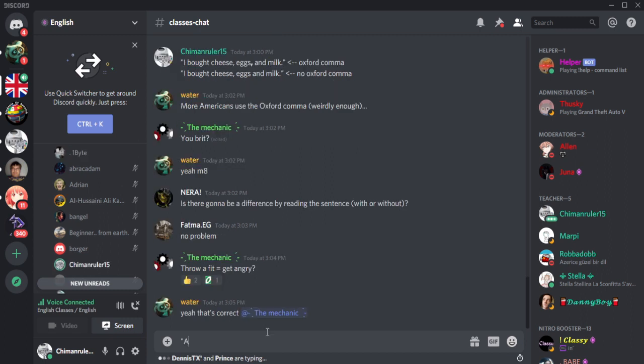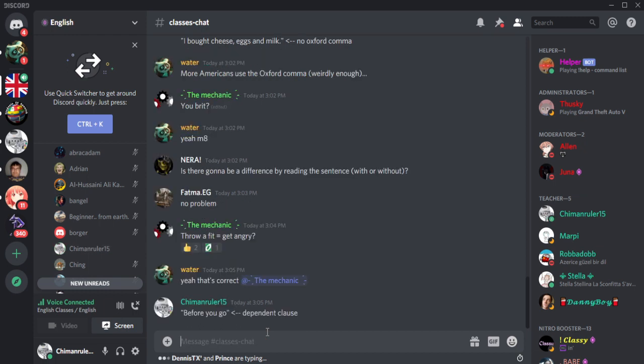So, for example, before you go, this is a dependent clause because there's a clause, the subject is you, the predicate is go, and before is the subordinating conjunction.